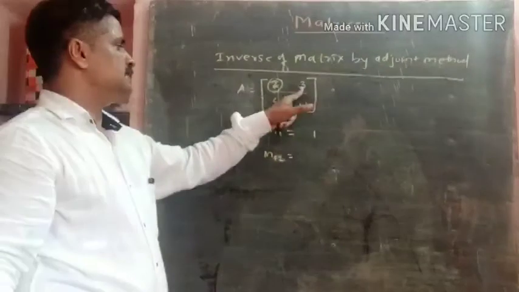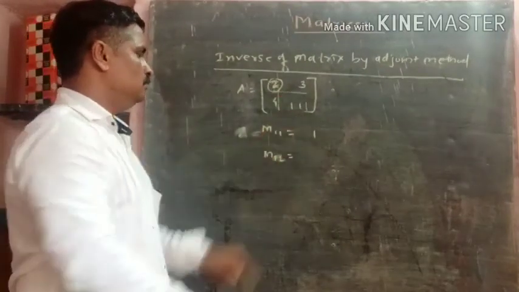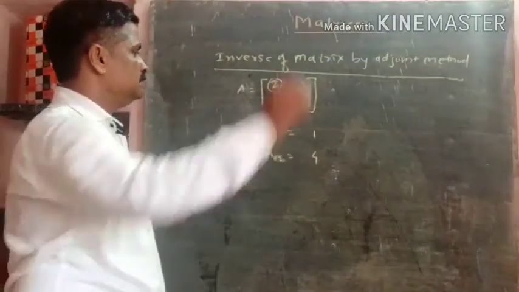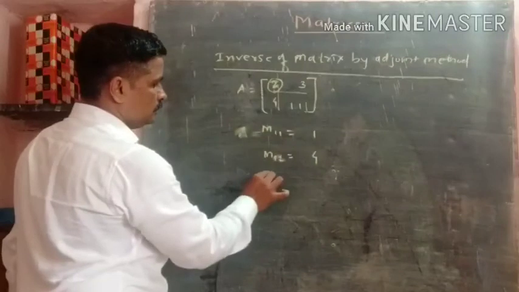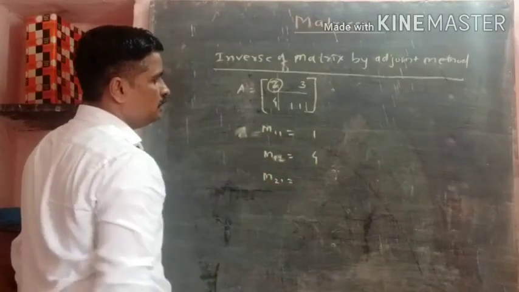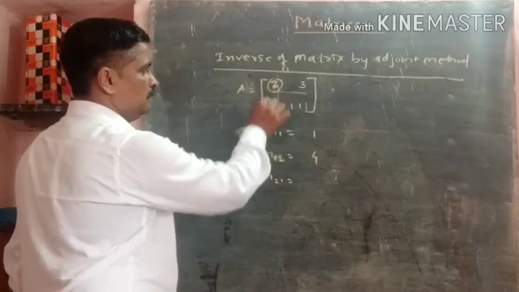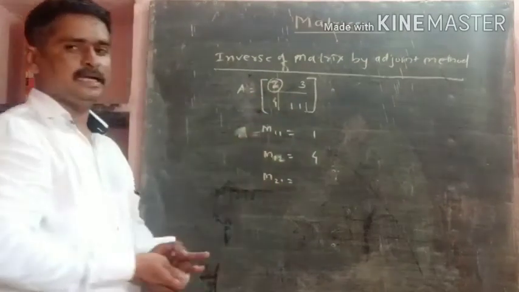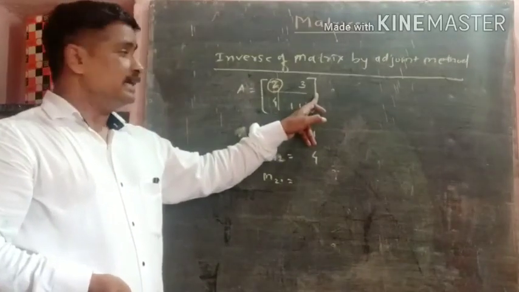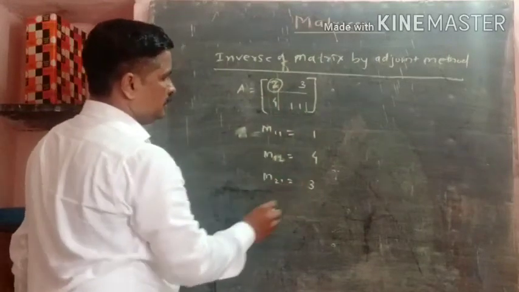Minor of 3 is nothing but, by replacing the first row and second column, we get 4 as the minor of 3. Again M21, second row first column, that is the minor of 4. By replacing the respective row and column of that number we can obtain the minor of each number. So minor of 4 is 3.